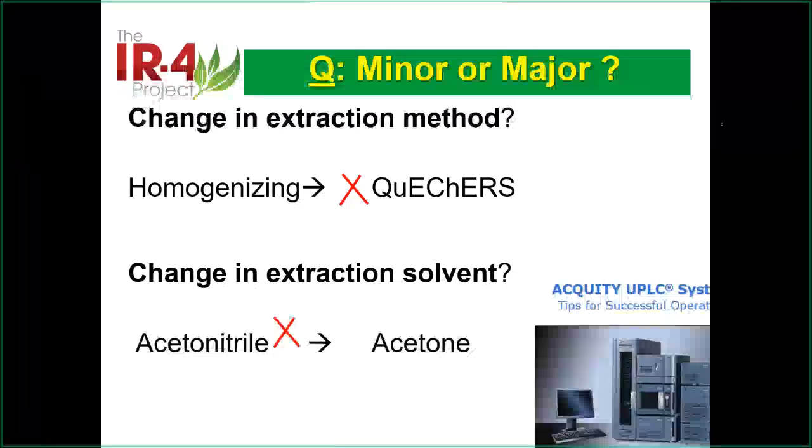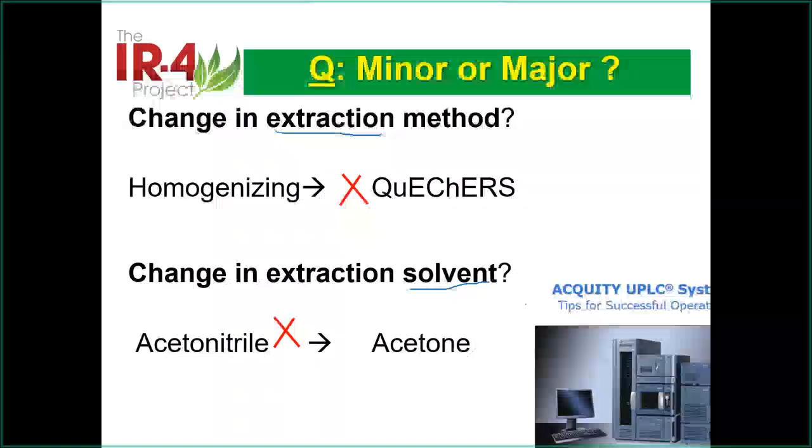This is a big no. That's the initial step, and what companies are doing in the background, we don't know. So you cannot change the solvent. You cannot change the extraction at the very beginning. Those are the big no things.